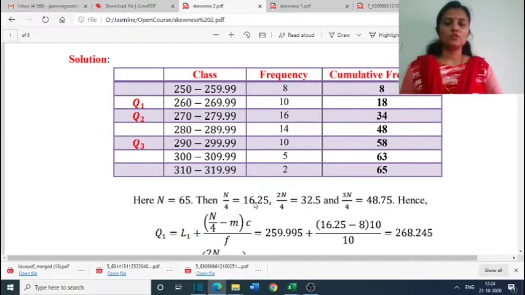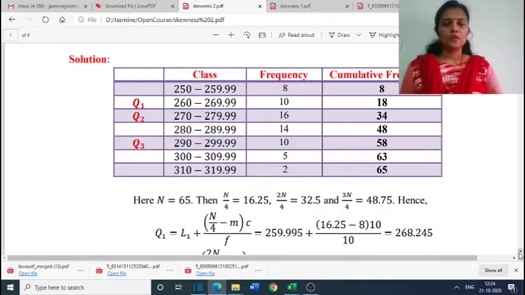So the first quartile class is 260 to 269.99. 2n by 4 is 32.5, which lies between 18 and 34, in this class too. So the Q2 class is 270 to 279.99. Now 3n by 4 is 48.75, between 48 and 58, so the Q3 class is 290 to 299.99.